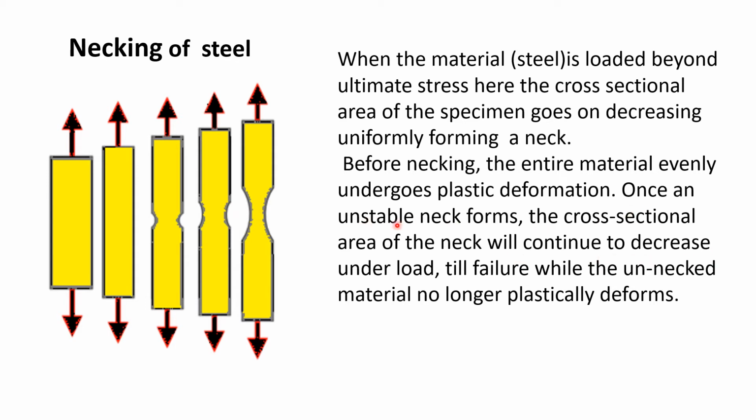Once an unstable neck forms, the cross-sectional area of the neck will continue to decrease under the load till the failure, when the unnecked material no longer plastically deforms. This is how the neck forming of the steel takes place in the region from the ultimate stress to the breaking stress.